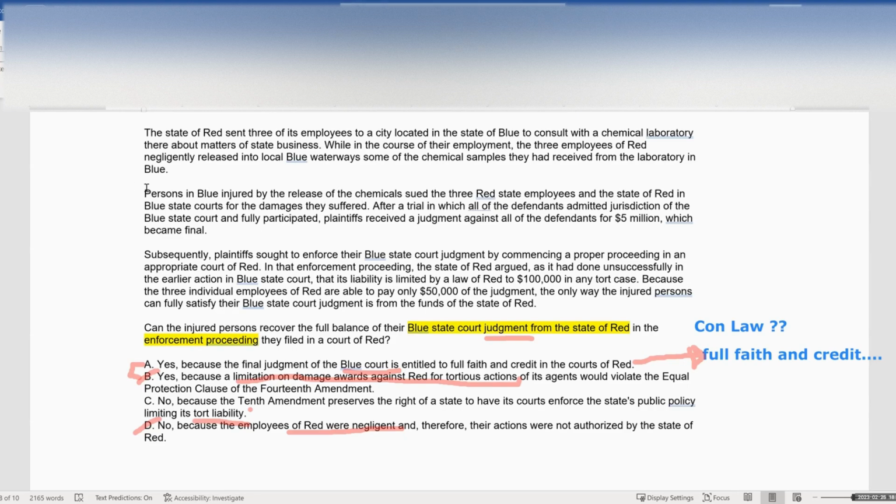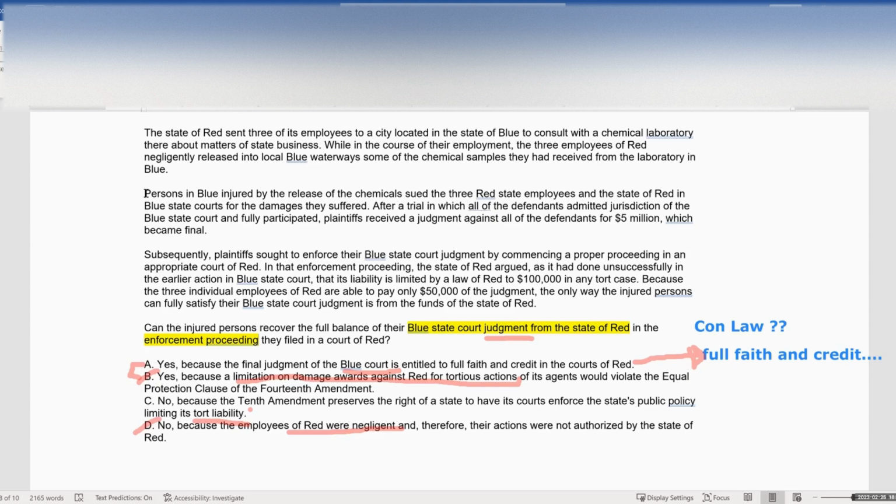And so it continues on, while in the course of their employment, the 3 employees of red negligently released into local blue waterways some of the chemical samples they have received from the laboratory in blue. So this is the negligence here.